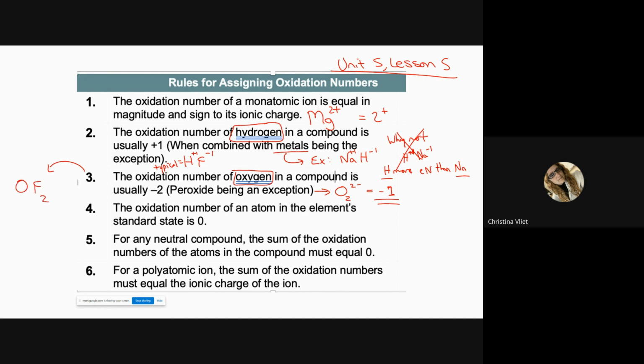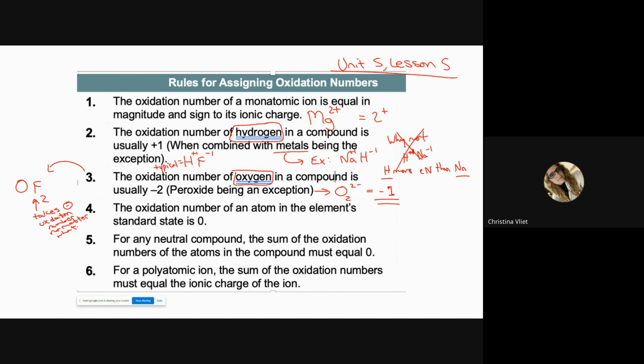Why would that be an exception? Right. Fluorine takes the negative charge no matter what, right? Takes negative oxidation number or charge no matter what. It's going to steal electrons from anything, and if it was going to steal electrons from something in this covalent compound, it would steal them from oxygen.